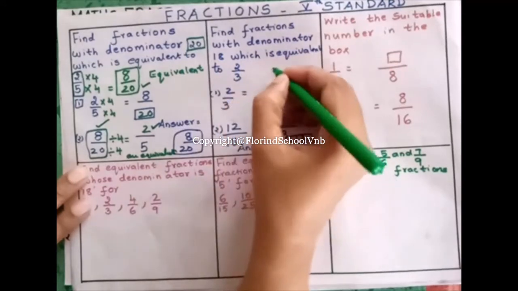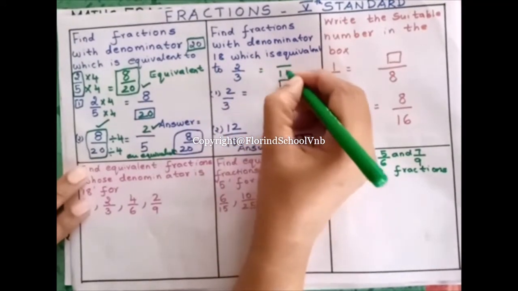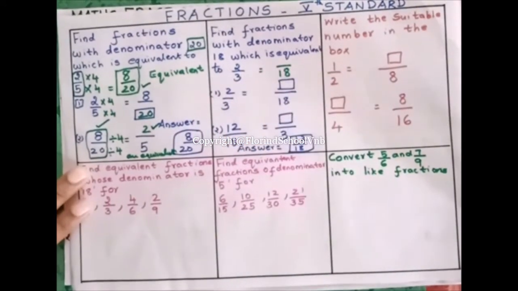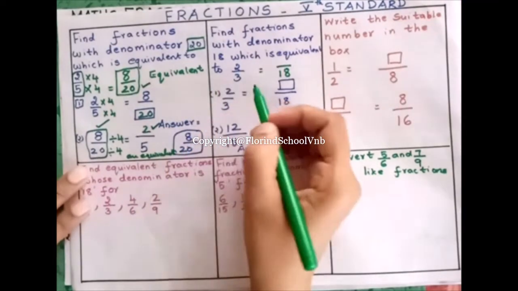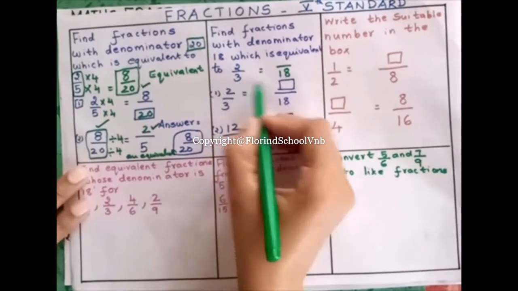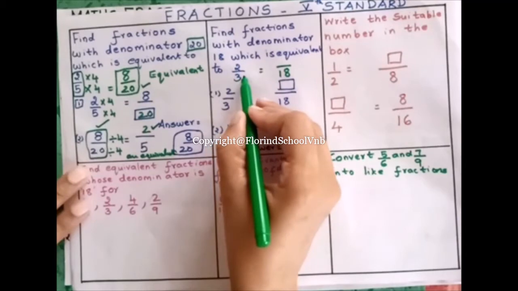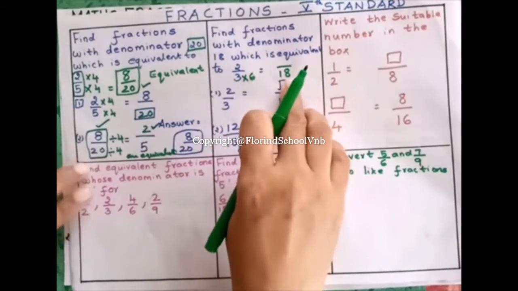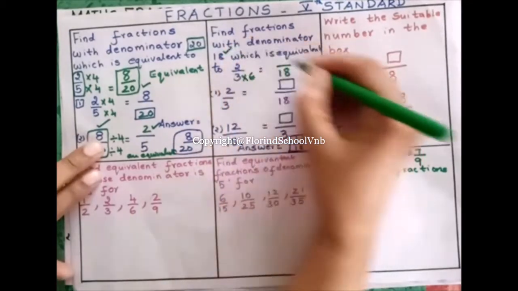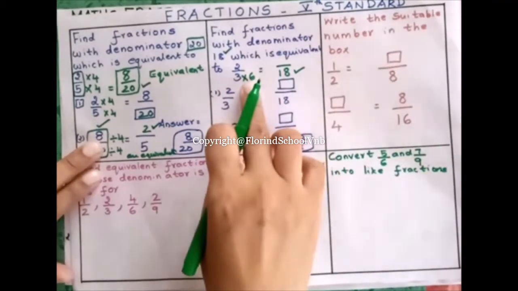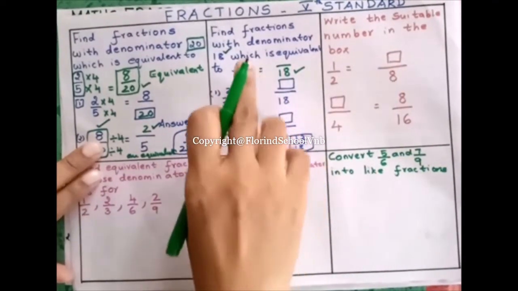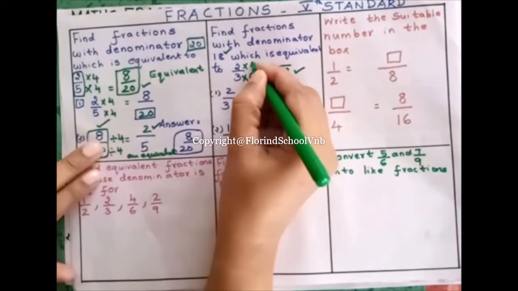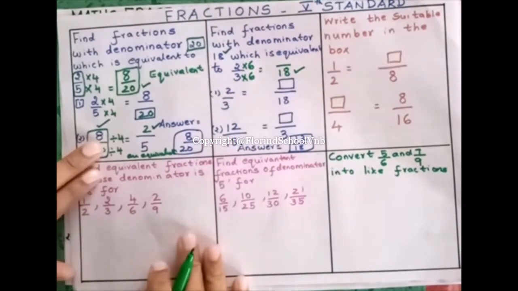So what should be the denominator? 18. How do you get 18? When you multiply 3 with 6, you get 18. Denominator 18. Now the numerator also should be multiplied by the same number 6.